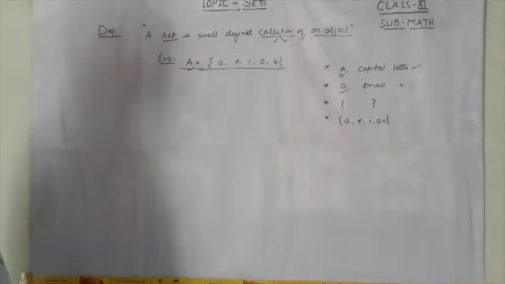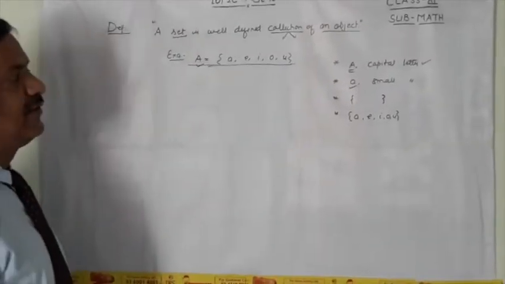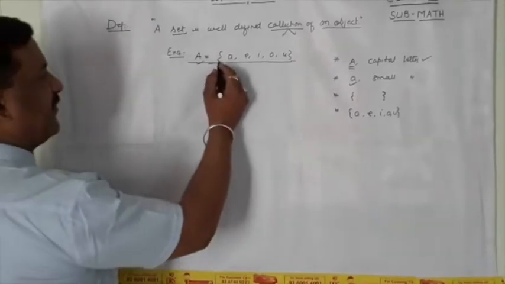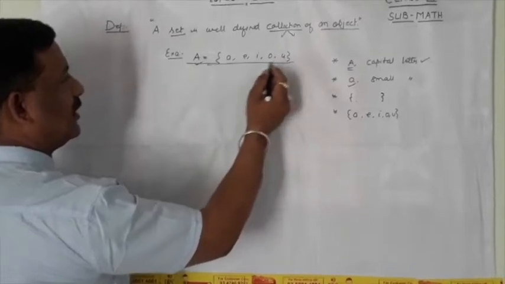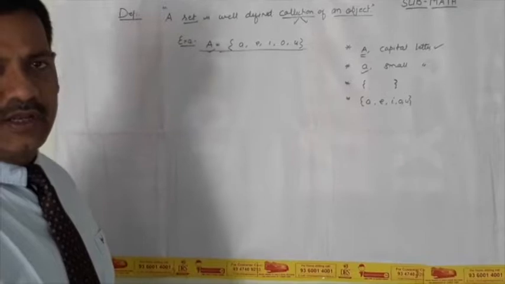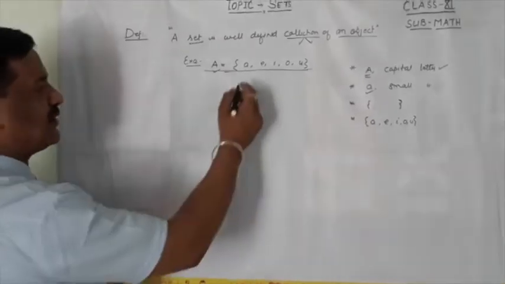So this is an example of a set, a collection of vowels in the English alphabet. A equals curly bracket A, E, I, O, U is called the roster method.